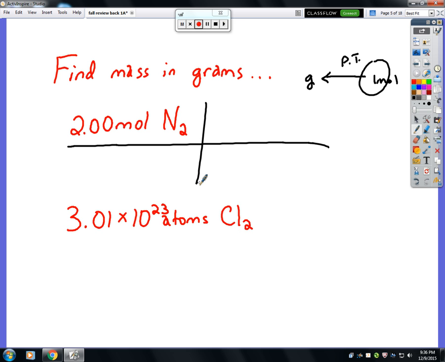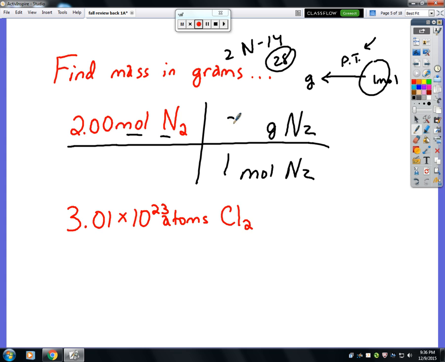Okay? So I'm going to go ahead and put words up here, right? Words up here. Go down here. I'm going to take moles and change it to grams. And in 1 mole on my mole hole, I'm going to look on the periodic table for N. And nitrogen is 14. I have 2 of them, so I'm going to have a total of 28. And that 28 goes right here. 2 times 28 is 56 grams of N2.